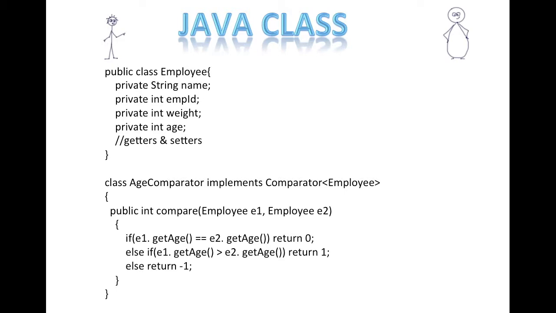Rather, in this case we would be having a different class named AgeComparator, which implements the Comparator interface, and we would be having the compare method wherein we would be passing in two arguments, Employee object 1 and Employee object 2, and we would be comparing those two employee objects based on their ages. If e1.getAge equals e2.getAge, then we would be returning 0. Else, if e1.getAge is greater than e2.getAge, then we would be returning a positive 1, otherwise we would be returning a negative 1.